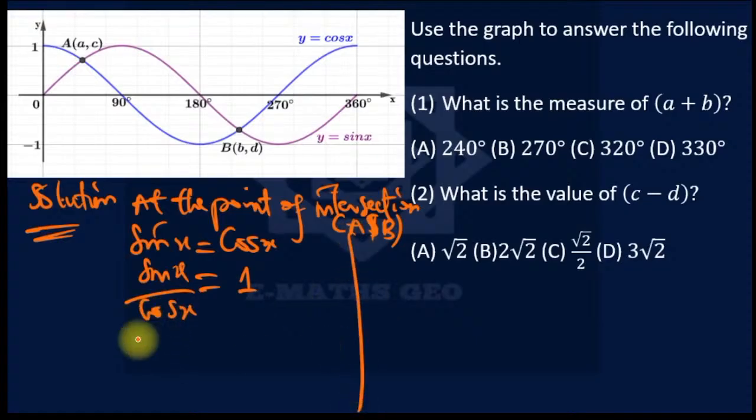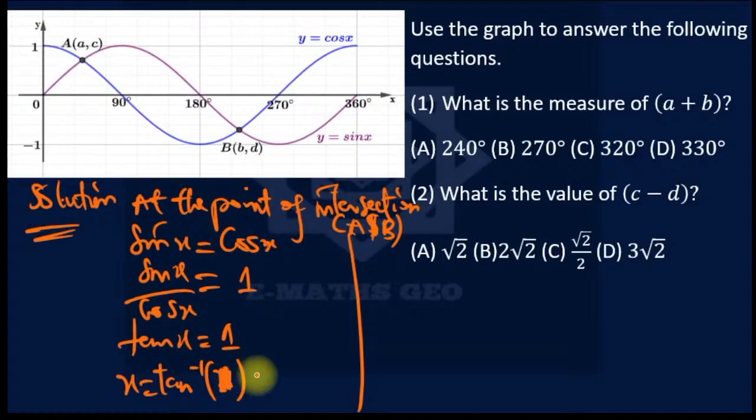So this is tan x equal to 1. So x is the arctan of 1. So what's the angle that the tan inverse is 1? So we have two angles. The first is 45 degrees, while the second is 225. Because third quadrant tan is positive.